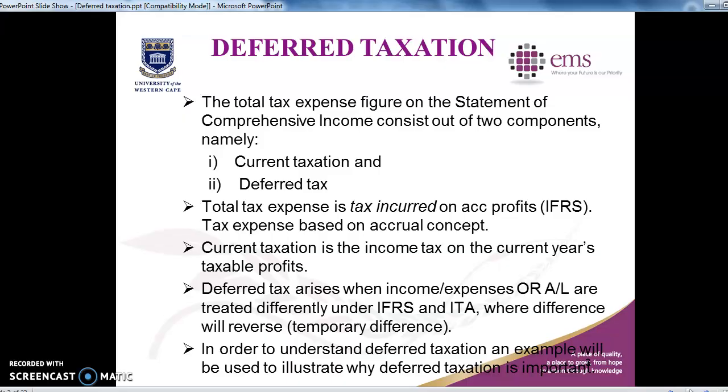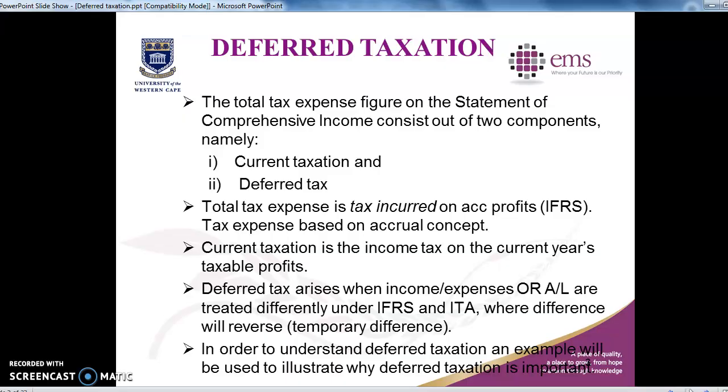You will be familiar with current tax because we covered it in Chapter 5 last semester. So we have our total tax expense, and it consists of our current tax and our deferred tax.